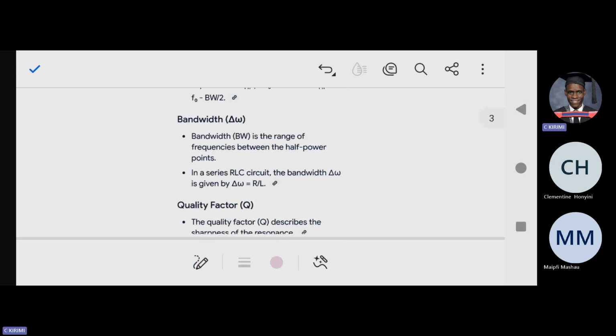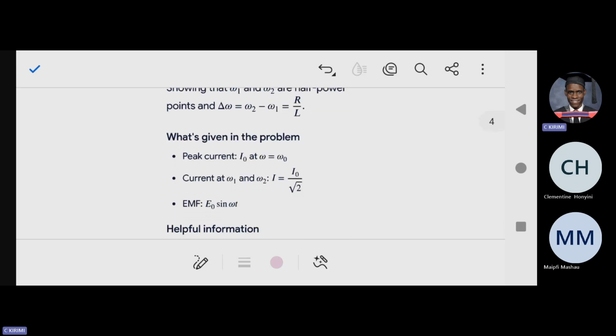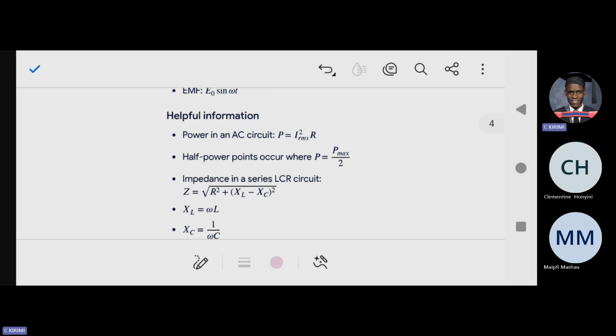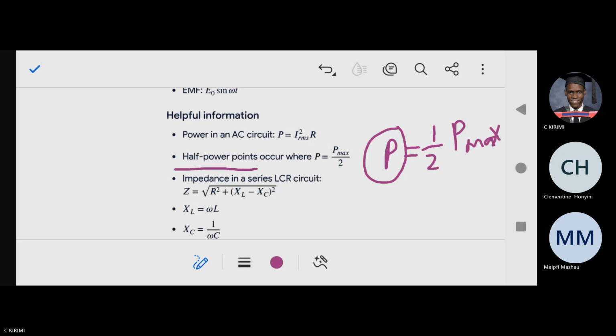And then, yeah, this one is not relevant to what we are doing. What is relevant is this formula, which I was referring you to, the half power point. When P, now they just made it with one denominator, so P is half of P max. So if that P is half of the P max, then this P is the half power point. That's what they just refer to there.